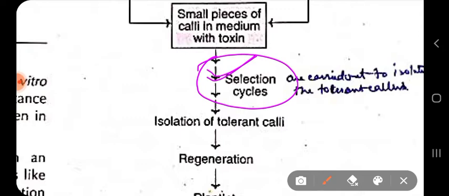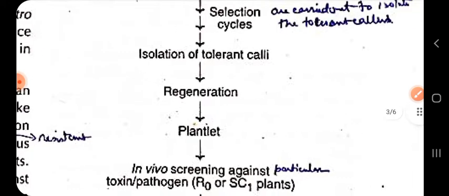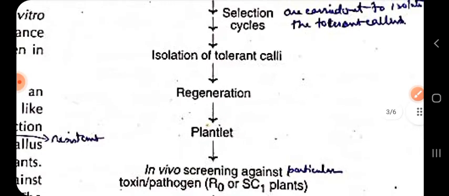Only those plants are screened and selected. Then isolation of the tolerant calli, that means the calli that can grow on that toxic culture medium. Then we do regeneration, that means shooting, rooting, growing into plantlets.